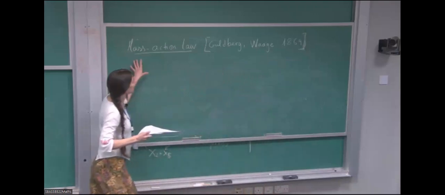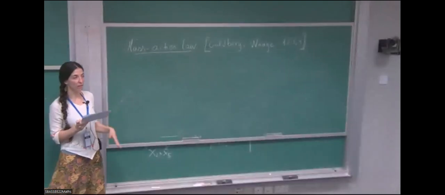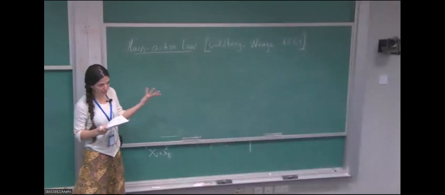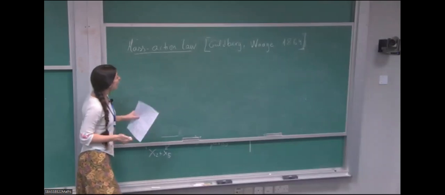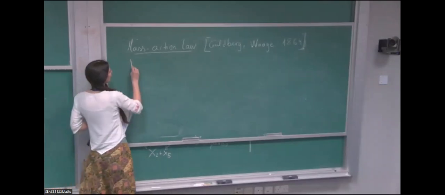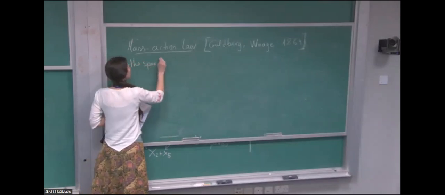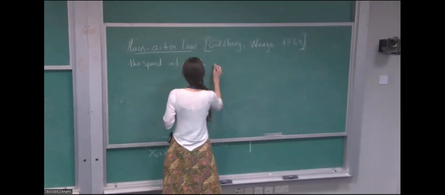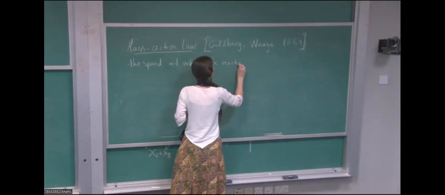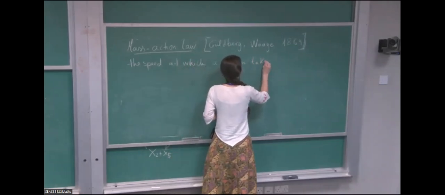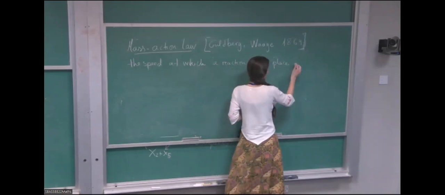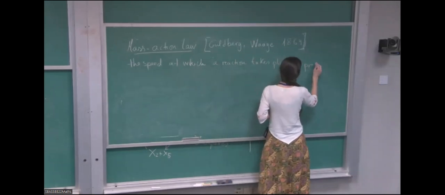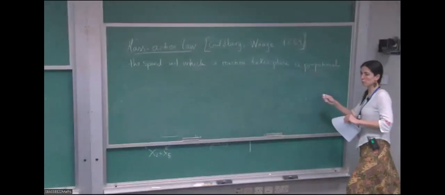So I will assume that this law holds, and it requires that the species are homogeneously distributed in space and at relatively high concentrations, as I said. And then it says that the speed at which a reaction takes place is proportional to the concentrations of the species that are involved in that reaction.